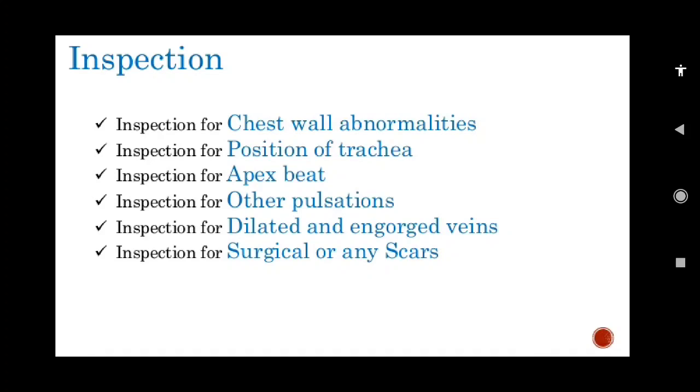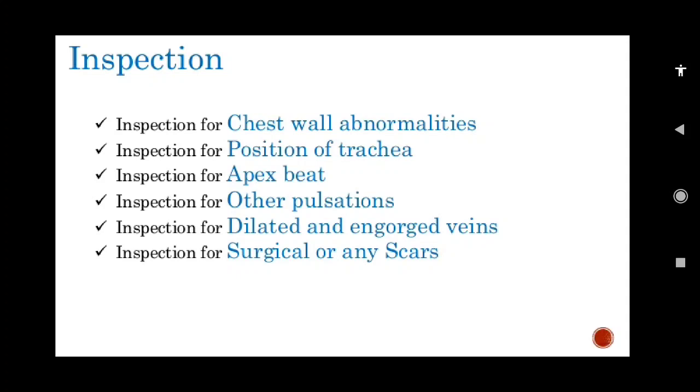So first one, inspection. So in inspection, what are all the things we have to observe? So we have to observe or inspect for chest wall abnormalities and the position of trachea and the apex beat position and other pulsations which are visible over the precordial area, and any dilated engorged veins present over the precordial area, and any surgical or scars are present over the precordial area.